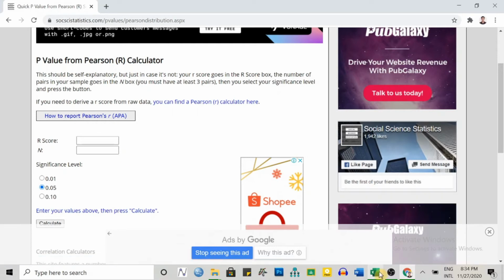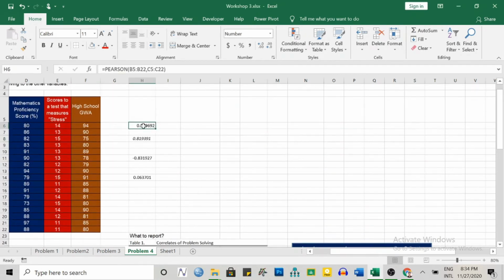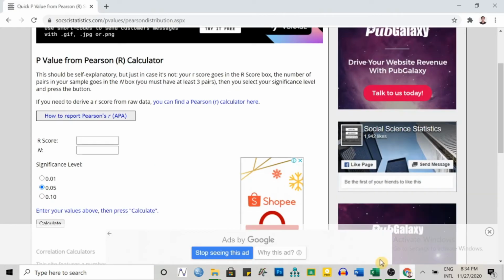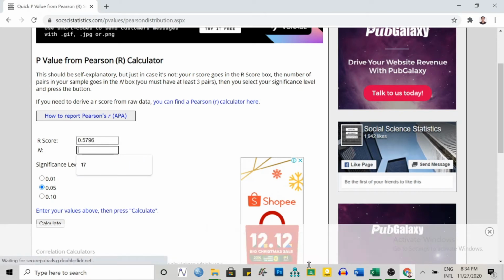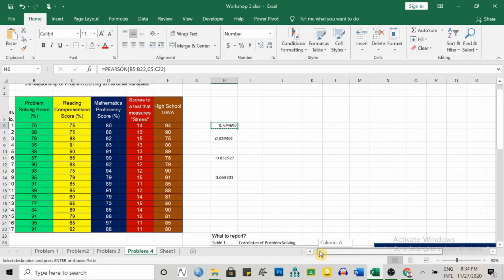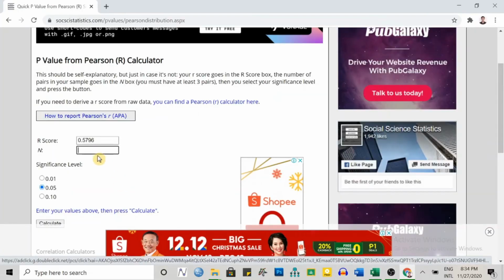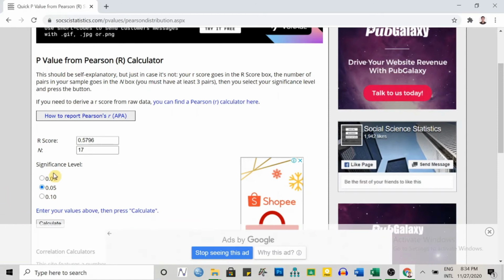So we go back in our Excel, we copy the first correlation, so this one, let's copy that one and paste it here. Okay, and then our N, let's count the number of observations, number of pairs. So we have how many students? We have 17 pairs. So let's put here 17, and then we can just leave this one.